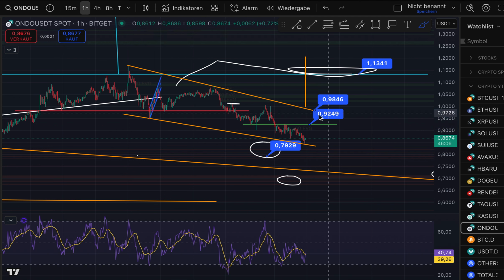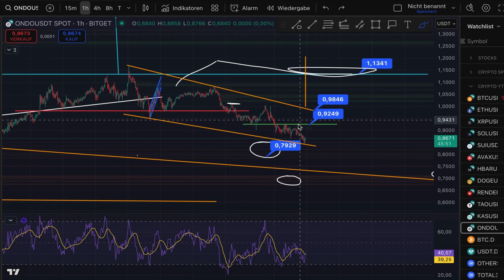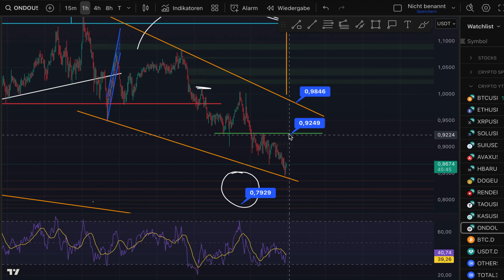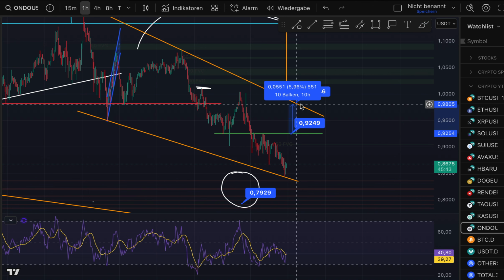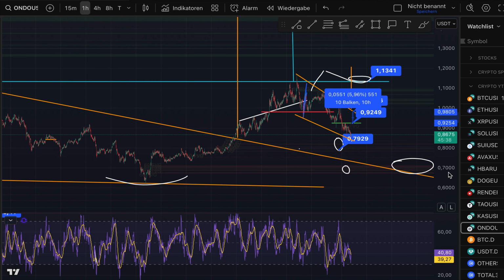If that is not the case, if we really break to the upside, then there are huge trading opportunities for me over a longer time period. This is not just going to take a few hours like some kinds of day trades. If I enter the market at 92.5 cents, then for sure within a few hours we can even be at 98 cents. That's 6%.